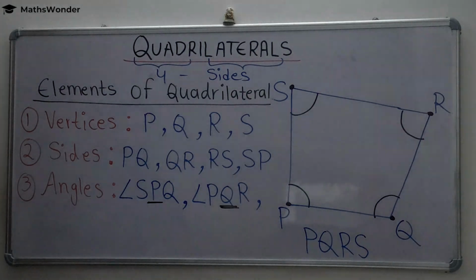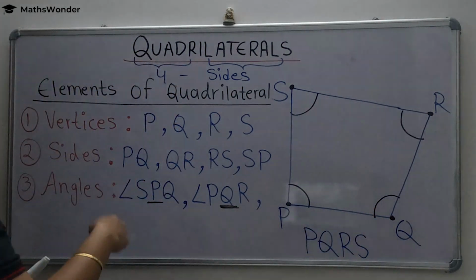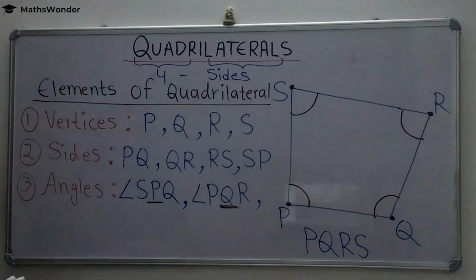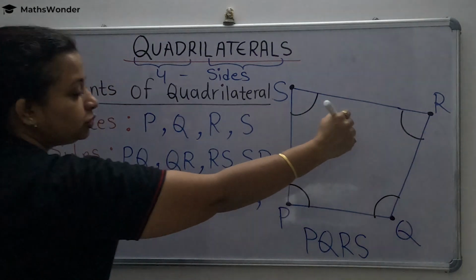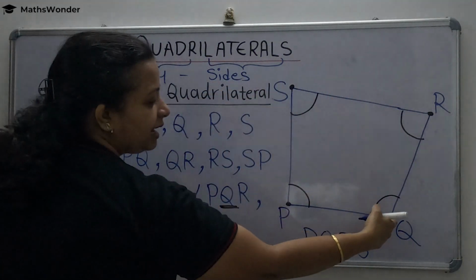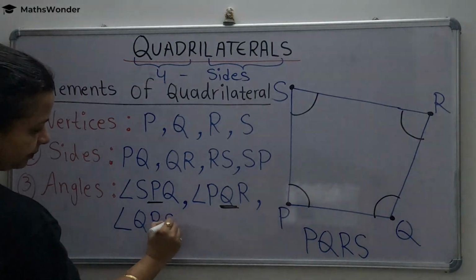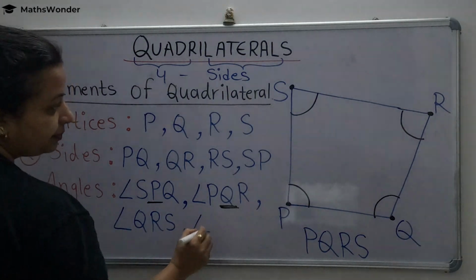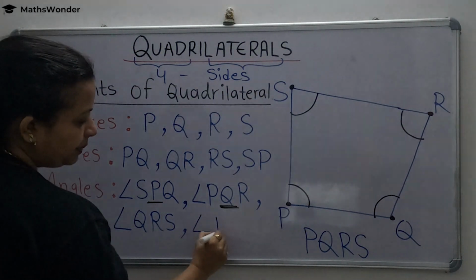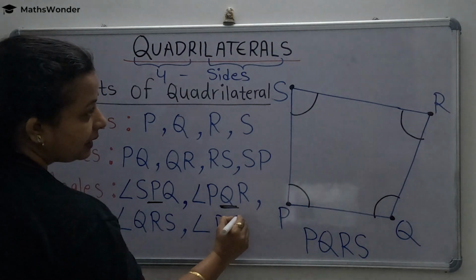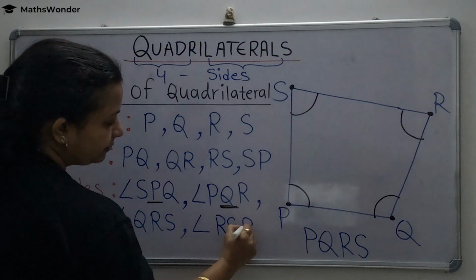So to represent Q, you will write it like this, and very important, it should be in a cyclic manner. Now the third angle, we have to represent R. You can write it QRS. And the fourth is RSP.